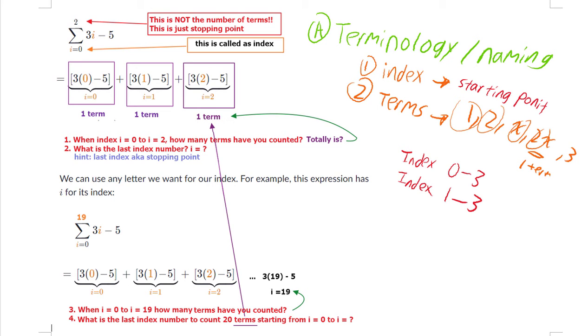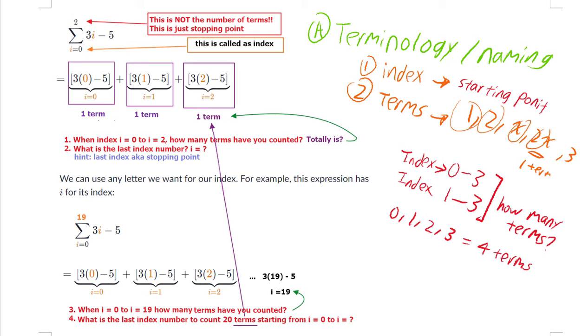How many terms have been calculated? The question is how many terms? If we start from 0 to 3, we are counting 0, 1, 2, 3. In total we have 4 terms.